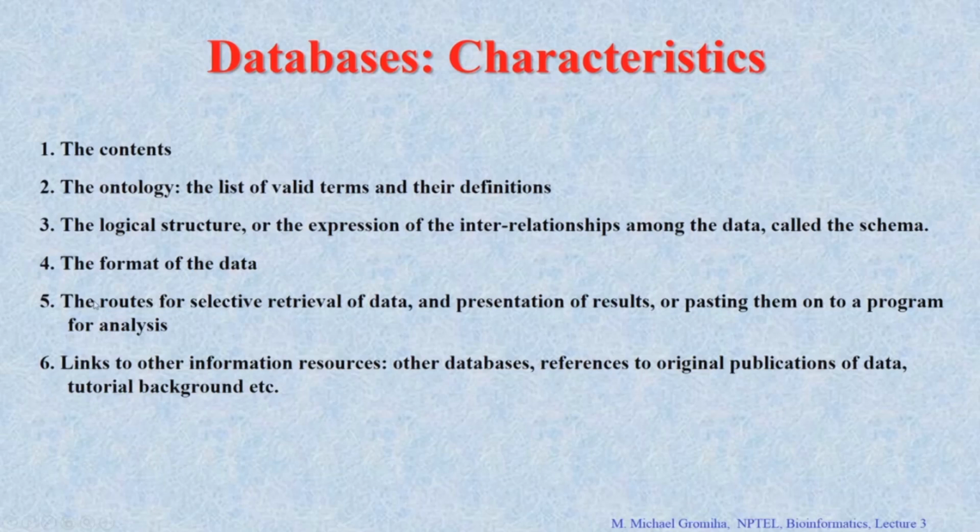Now you have the overall view of your data, what you want to put in, what terms you use, how to design your database and how to format your data. Now you have the data, then put it on the website, and it should give some sort of options to retrieve the data. So, you can give some search options, this will give flexibility to the users, because all the users do not want the same data.